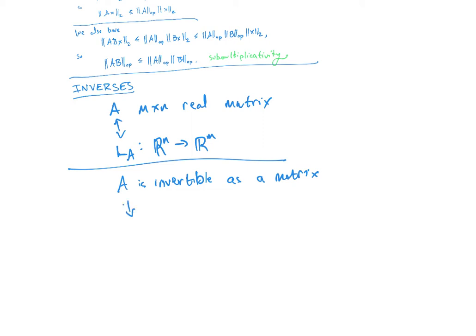This is happening if and only if L_A is invertible as a function. That invertibility is happening in the more familiar space of just functions. When do functions have inverses?